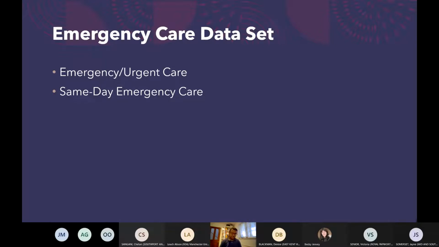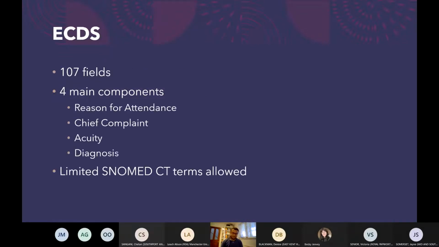And even potentially maternity assessment units will be absorbed into the emergency care data set rather than the formal clinical coding process. And it means you can get a slightly different level of documentation and data.